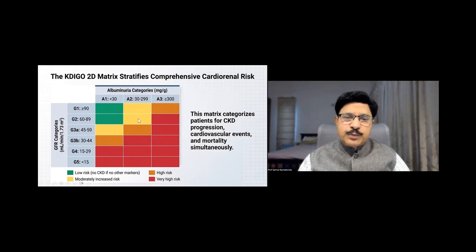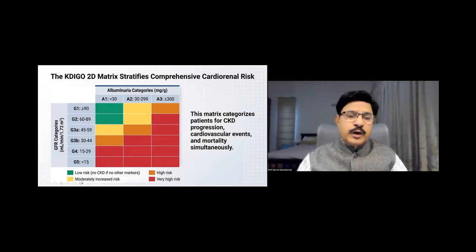Or if he develops albuminuria, or if he develops stage 3 disease, he is at a moderate risk of CKD. If he has macroproteinuria or microproteinuria or 3B EGFR, he is at a high risk. All the rest of them are very high risk for CKD.